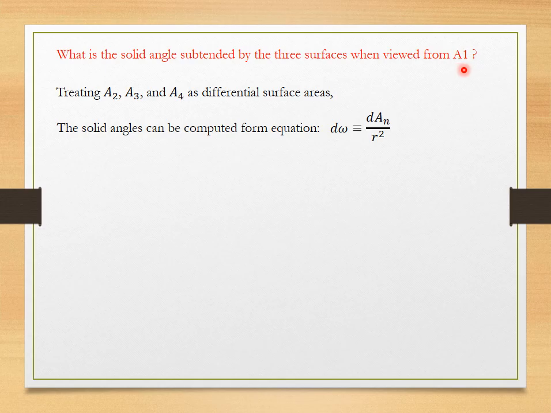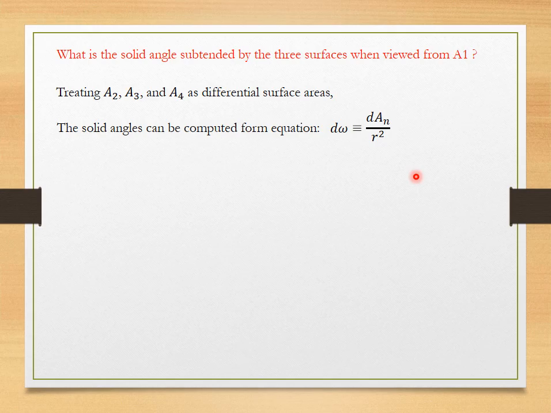Omega approximately equals delta An over R squared, where n refers to A2, A3, A4 and so on, with R from each surface to A1. For this case, we go for A2, A3 and A4.